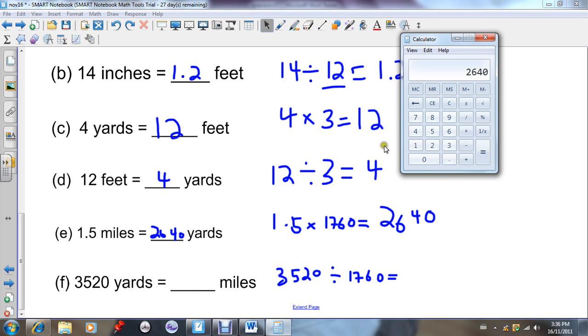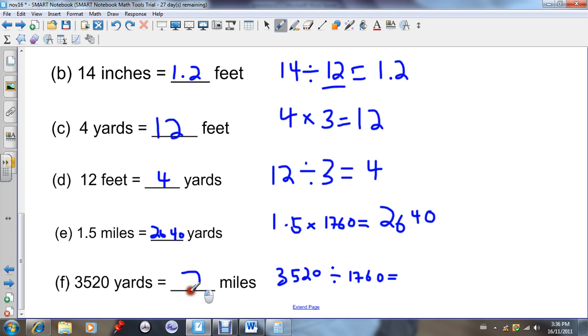How am I doing for time? I've got a few minutes, so I better be quick. 3520 divided by 1760 gives me 2. So 3,520 yards equals 2 miles.